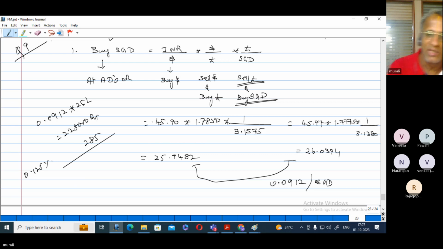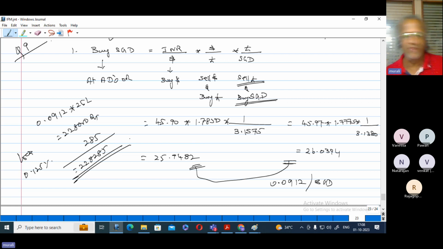Instead of paying at this rate, I have to pay at an additional rate, so it is a loss, and the exchange will also involve an outflow of cash. 228,285 is the final answer.